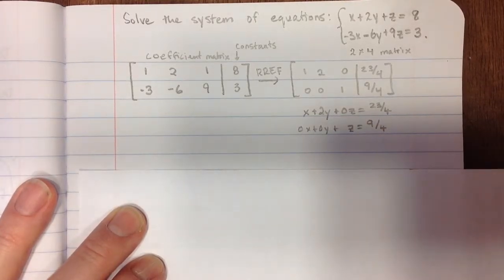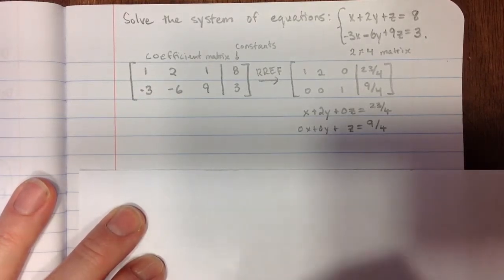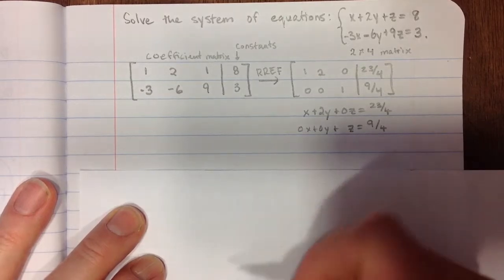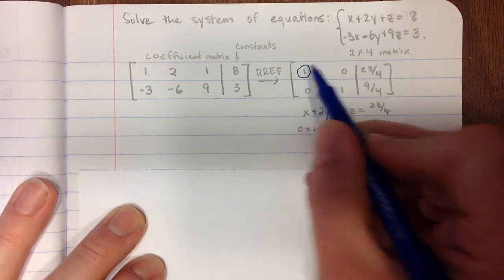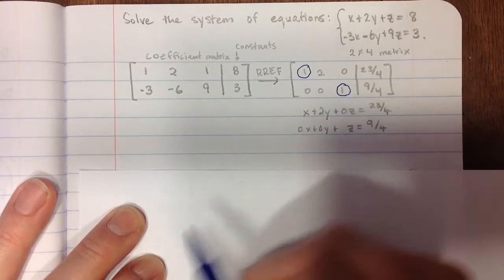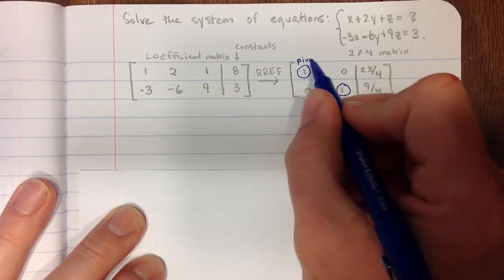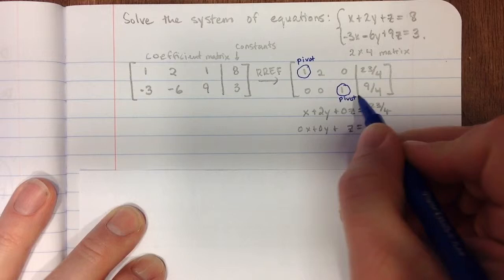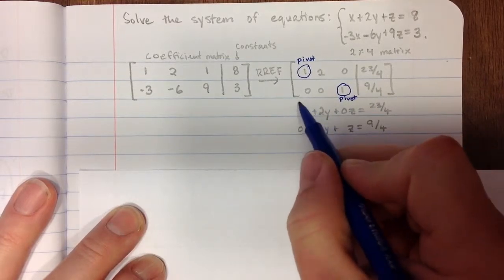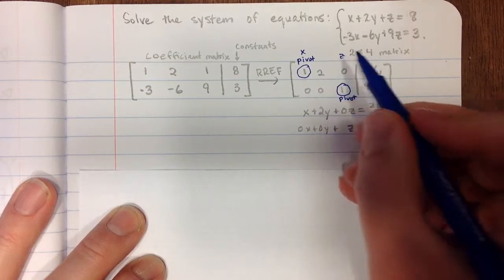Notice that I wouldn't really have to put those zeros in, but I do so in this case for teaching purposes. You might notice that in reduced row echelon form I have 2 1s here. These are called pivots. So x is going to be a pivot and z is going to be a pivot.